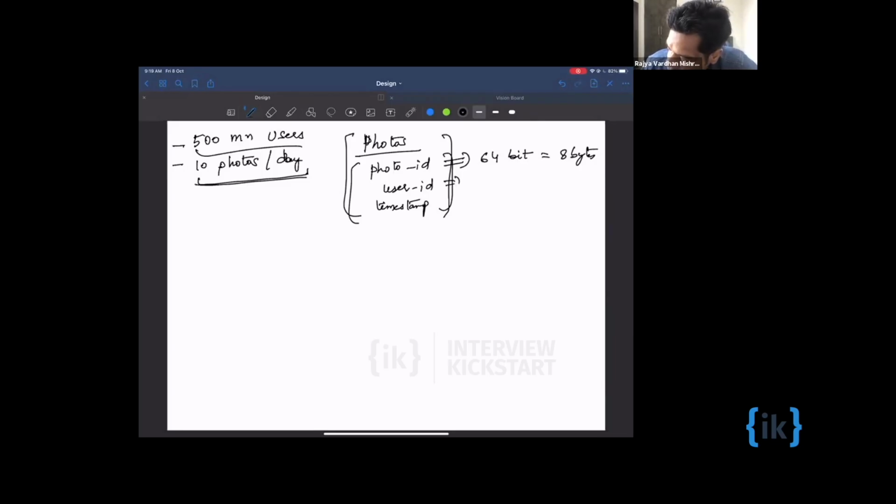Then for a user ID, we can have 4 bytes. And for timestamp, again, we can have 4 bytes. So this sums up to 16 bytes.